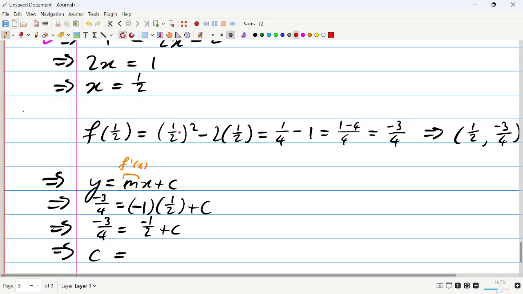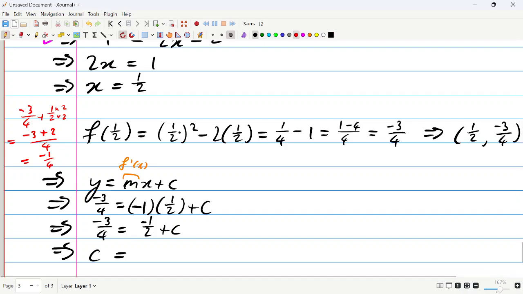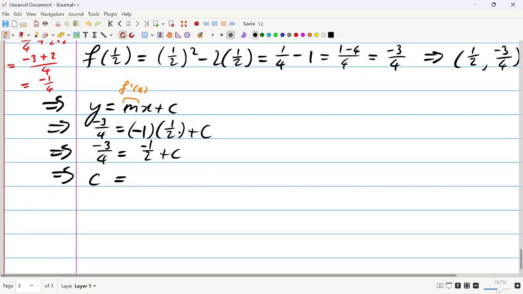We're going to get -3/4 plus 1/2, but we want the denominators to be the same, so we multiply the top and the bottom by 2. So we have -3 plus 2 over 4, which is equal to -1/4. So c is equal to -1/4, and therefore the equation of the tangent for f is y equals -x minus 1/4. Remember, the -1 is our gradient, so we already knew that. And then minus 1/4 is our c value.